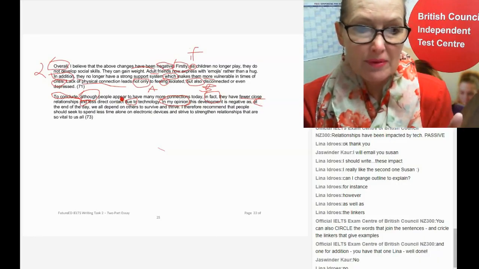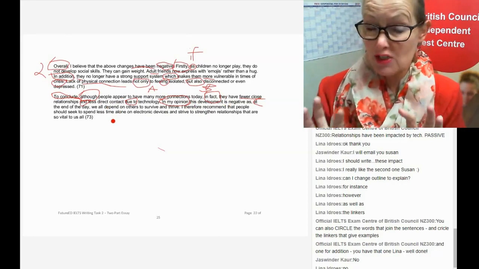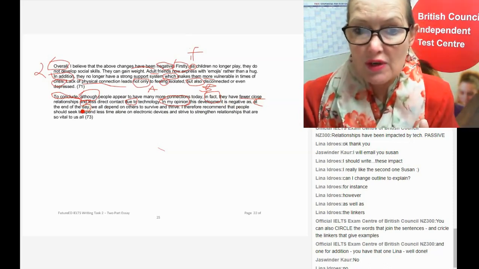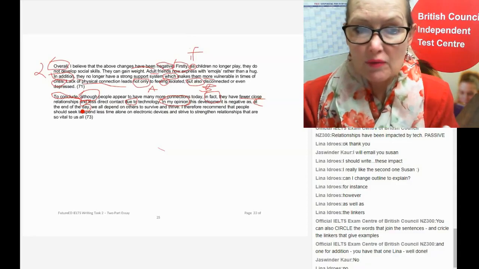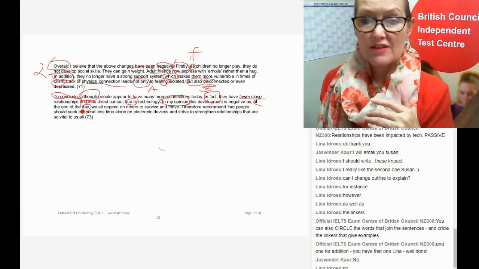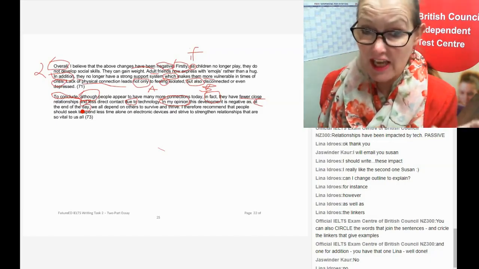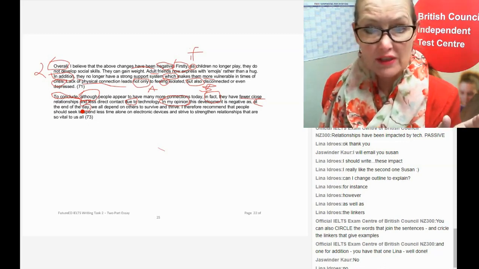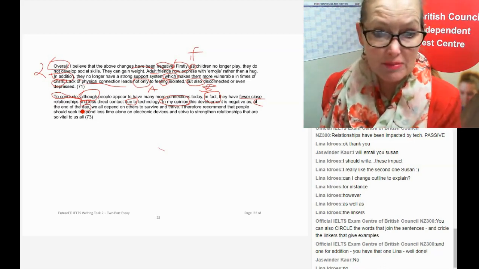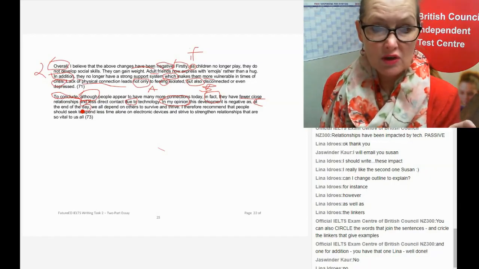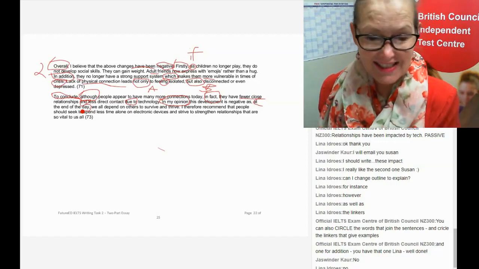I'm wrapping up with my conclusion, addressing my topic, which was technology, and my focus, which is how relationships have been affected. So they have more connections, effect A, and they have fewer close relationships, effect B, and less direct contact, effect C.